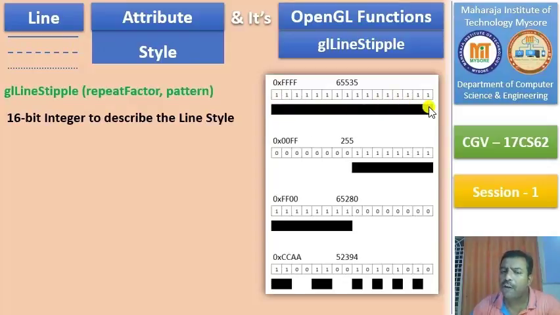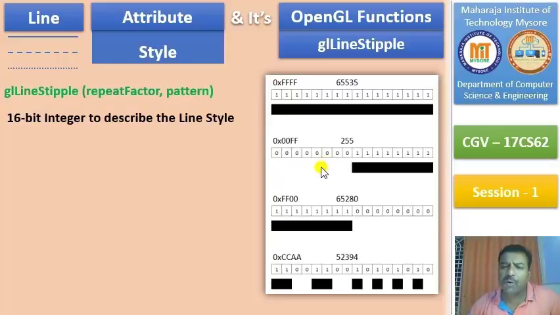If we look at this second pattern, we have 00FF in hexadecimal, or its equivalent 255 in decimal or integer value. Now just observe here, all these 8 bits are 0 and all these 8 bits are 1. So these are all on bits, these are all off bits. The on bits mean I am going to write a pixel over here, and the off bits mean we are not going to put anything in these pixels.